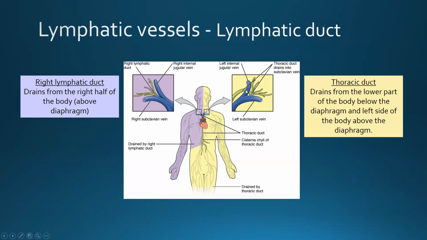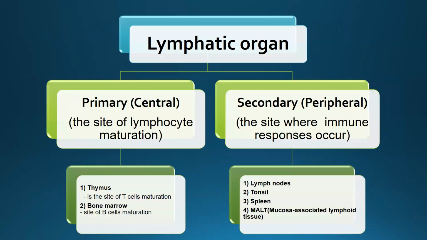It drains from all parts of the body. You can see the yellow shaded area is drained by the thoracic duct. The right lymphatic duct is smaller than the thoracic duct, because it only drains the right half of the body above the diaphragm, only this region. Okay, that is all about the lymphatic vessels.